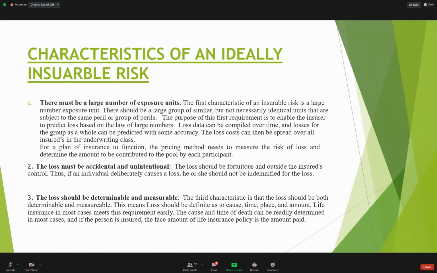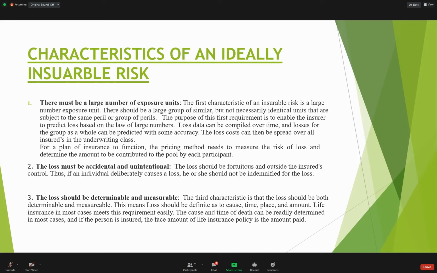The third one is that the loss should be determinable and measurable. This means that the loss should have a cause, time, and place. It has to be identified. If there was a fire, the time of the fire has to be identified, the place of the fire, and the cause of the fire.